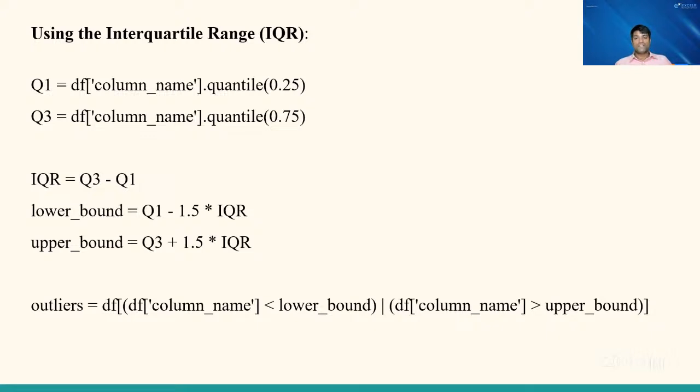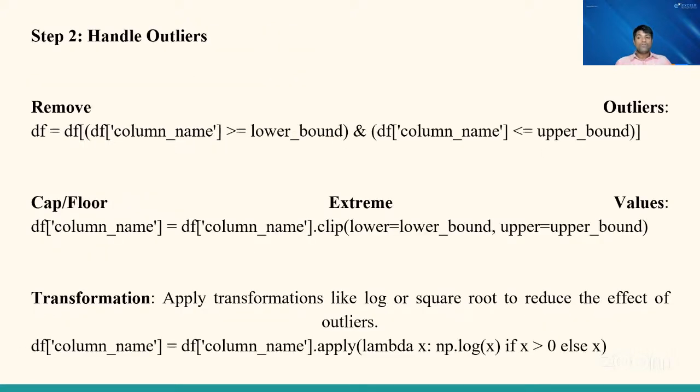Something less than the lower bound is considered an outlier, and something greater than the upper bound is considered an outlier. We use the OR condition to identify the lower bound and the upper bound outliers. So how do we handle these outliers? We can remove them, apply transformations, or apply cap and floor techniques as well.